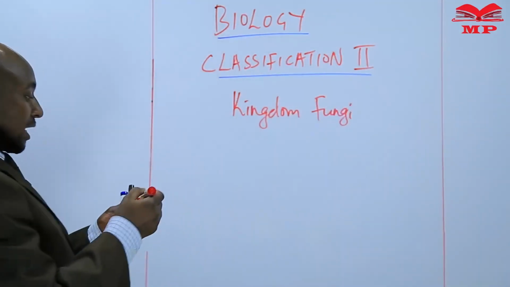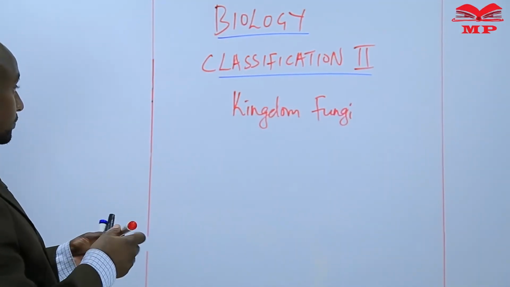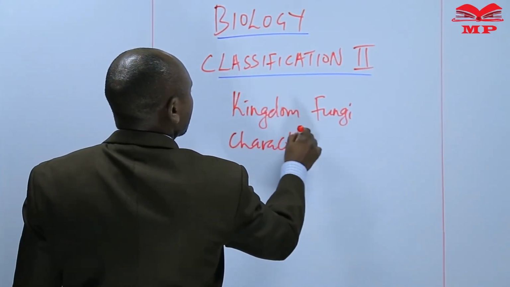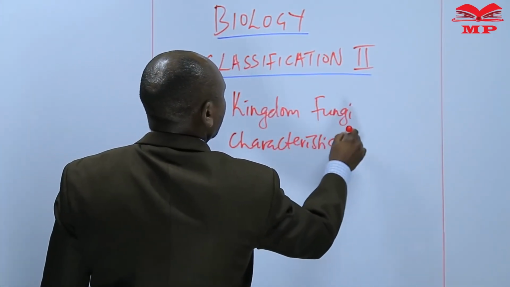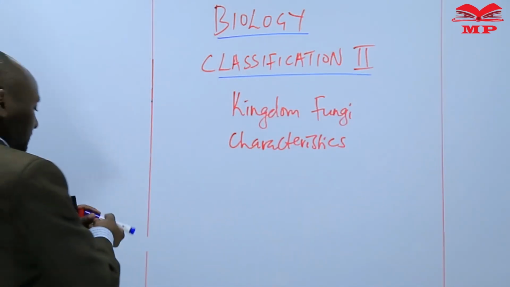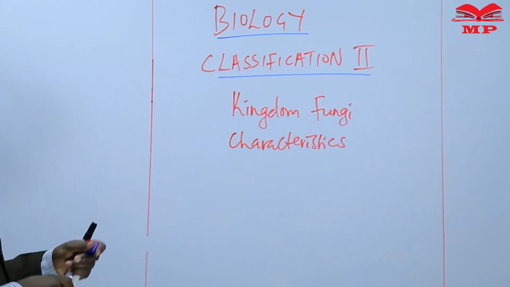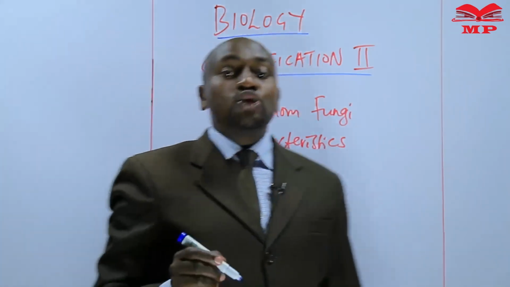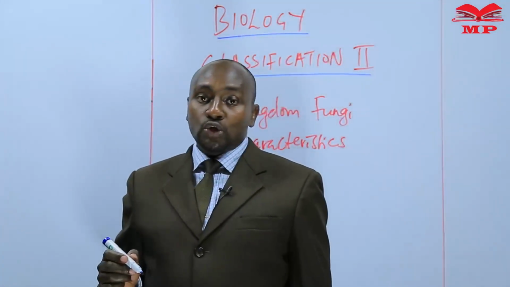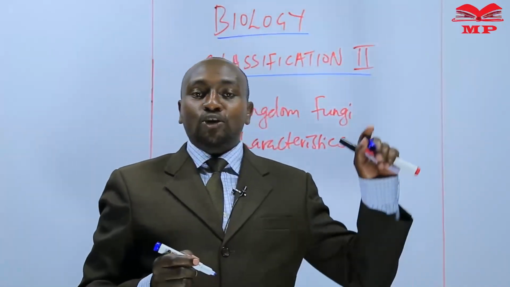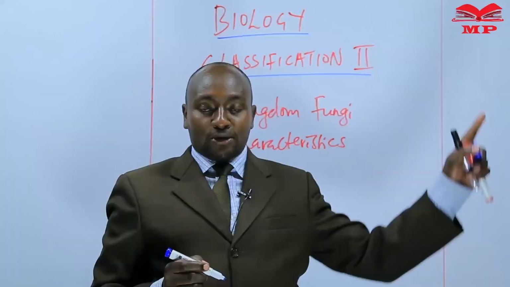So we are going to go to characteristic number 2. Kingdom fungi, characteristics. So our number 2 characteristic is that fungi are eukaryotic. Eukaryotic is the term that we saw when we were learning kingdom Protoctista, the earlier kingdom.